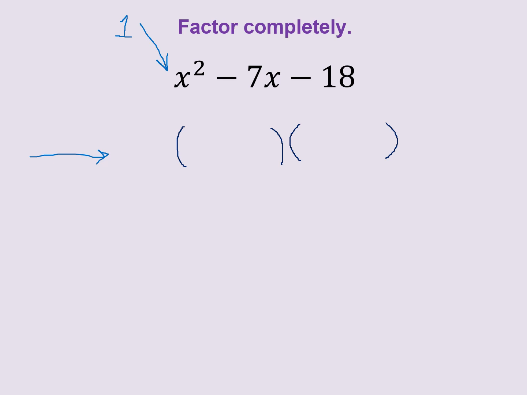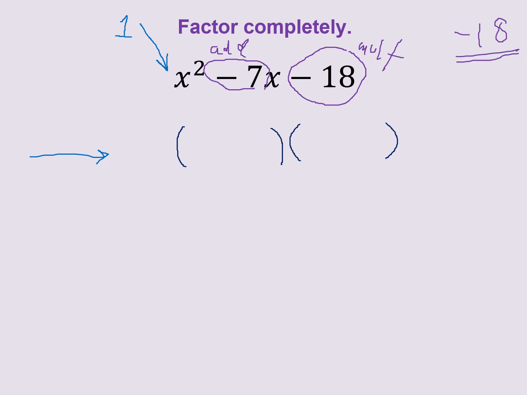To do the quick method, you're going to ask yourself, what multiplies to the C value and adds up to the B value? So I think to myself, okay, I've got negative 18. I want to come up with numbers that multiply to negative 18.